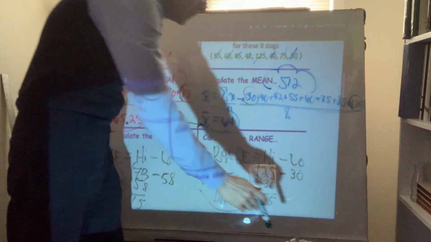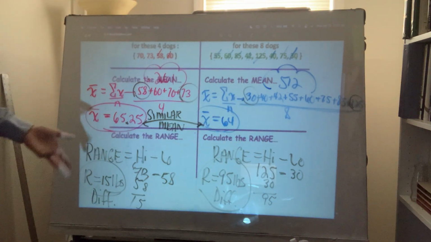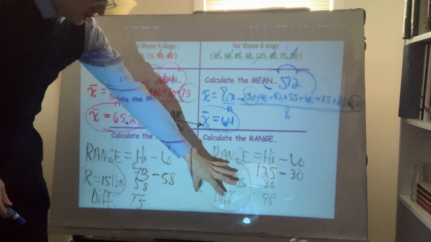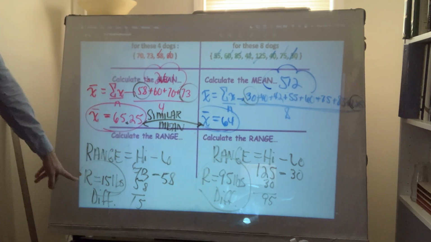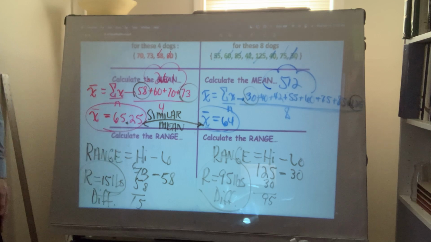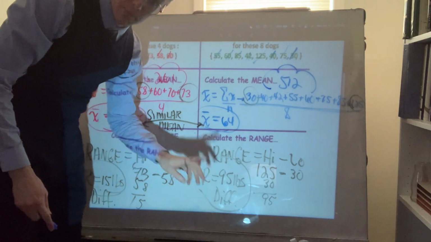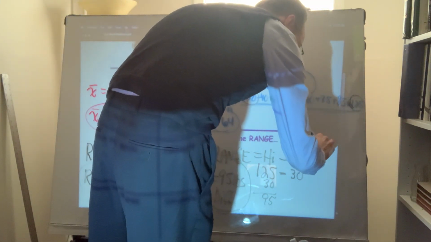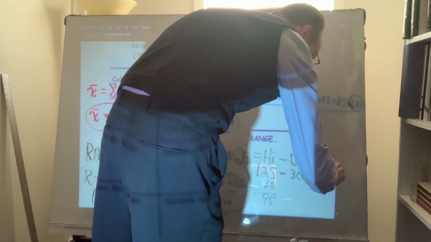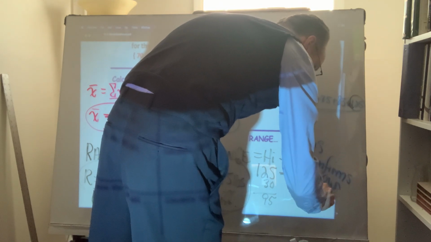So, just a rough guess, right? Which of these, based upon ranges only, all right, would you guess has a greater variability? Well, the figures don't lie, they imply, right? This confirms our suspicion. Our guess.